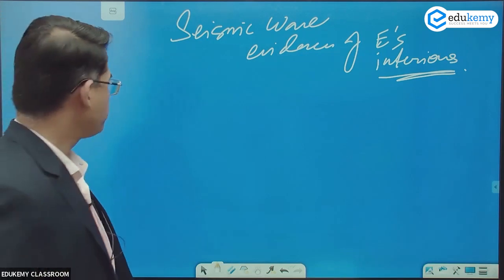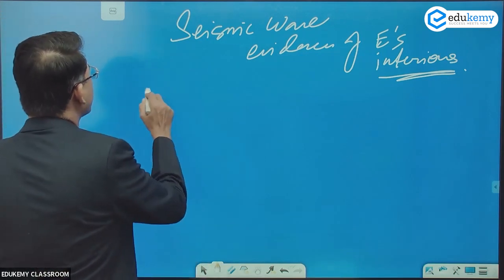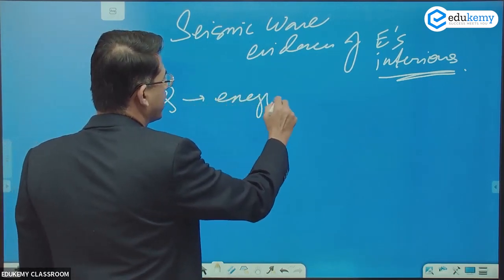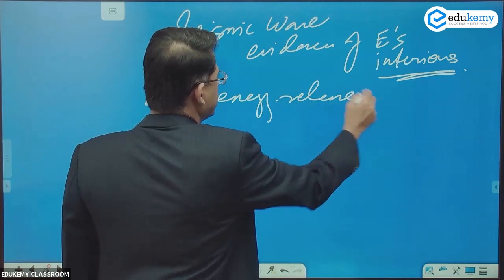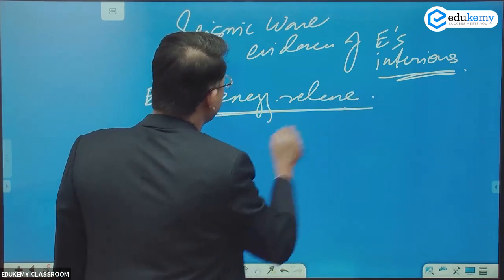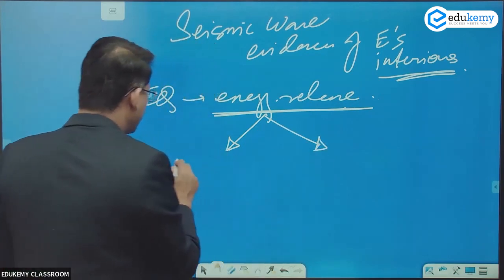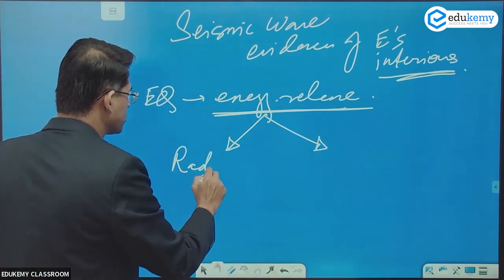Now see, earthquakes are what? These are energies. This is energy release, and this energy release is of two types. One is the radiations.